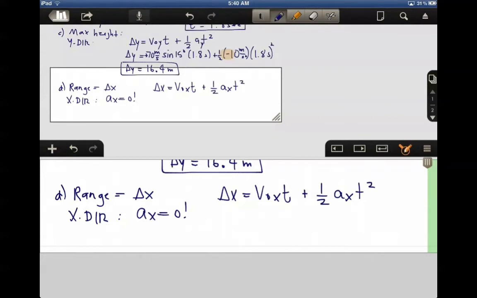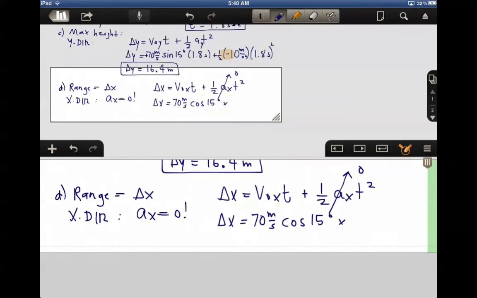So I'm looking for distance in the x direction, but acceleration in the x direction is 0. So I know from question 1 what the initial velocity of the bullet was horizontally. It was 70 cosine 15. And now the total flight time is what we use here.